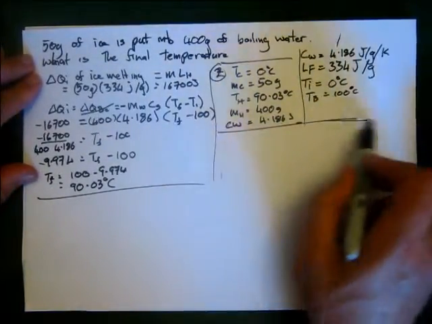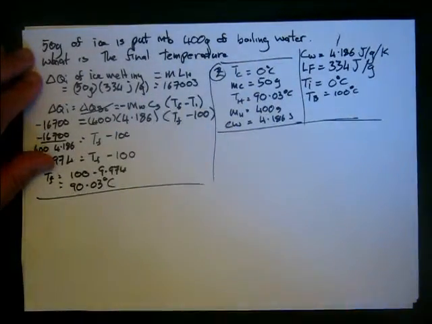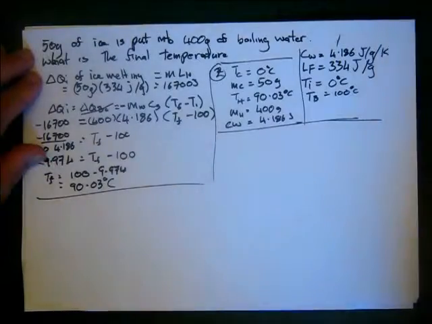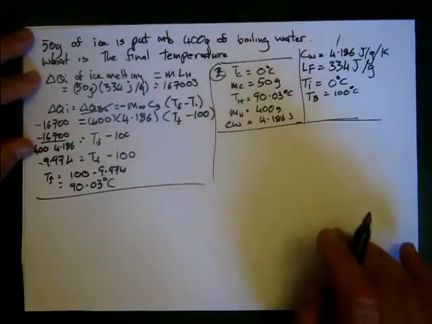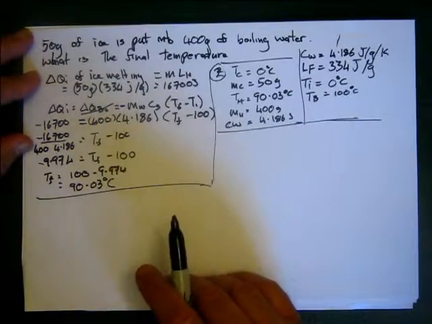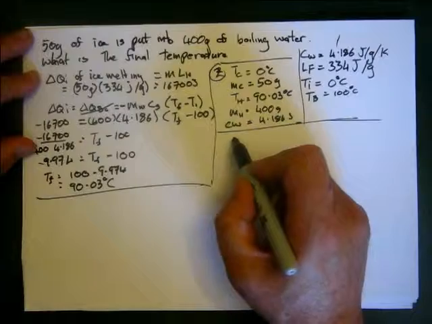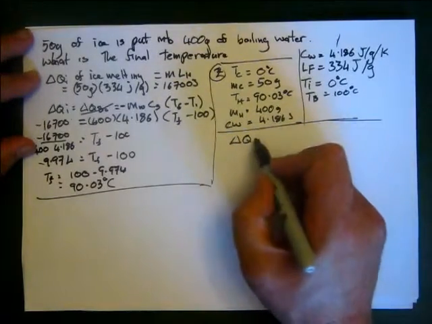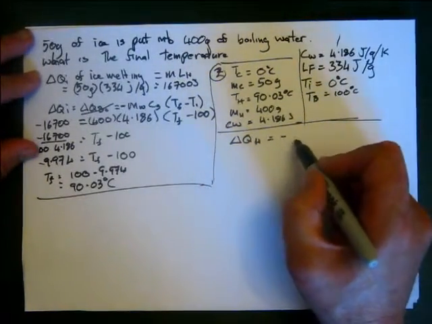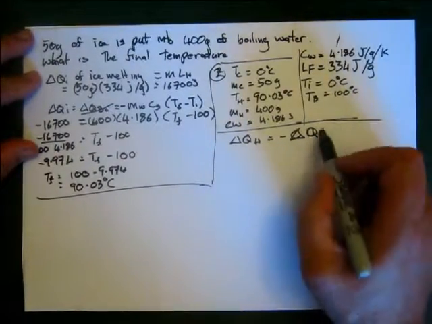Okay, so now how do we work out the final bit? We work it out the same way that we did before with sticking the iron into the water. So the change in heat of the hot equals the negative of the change in heat of the cold.